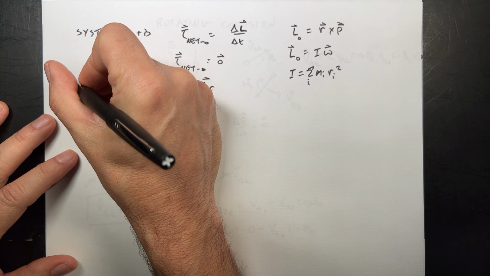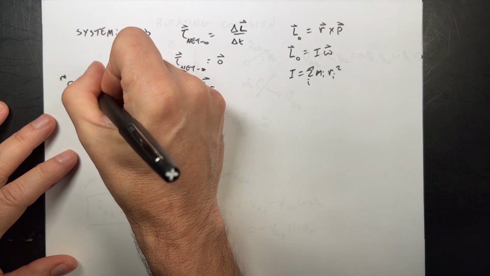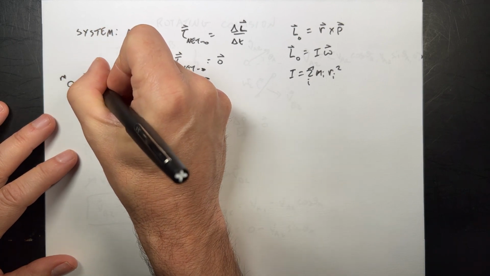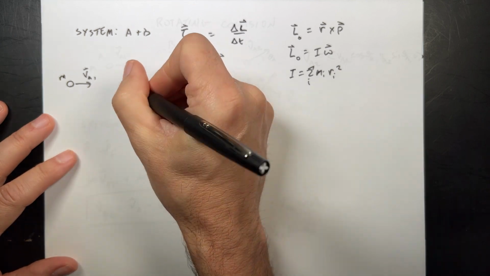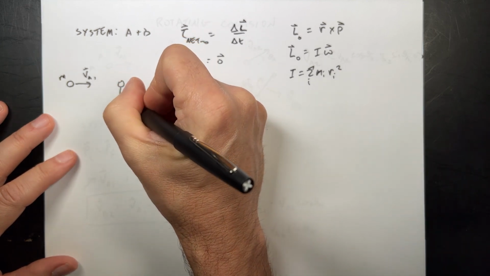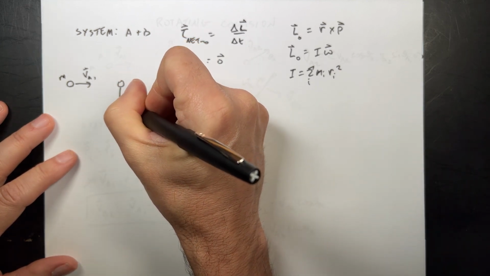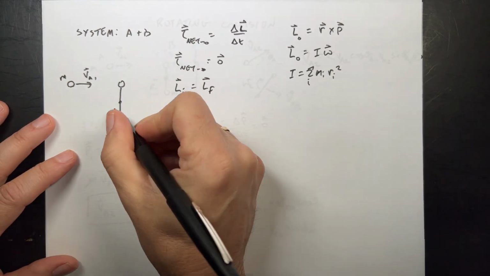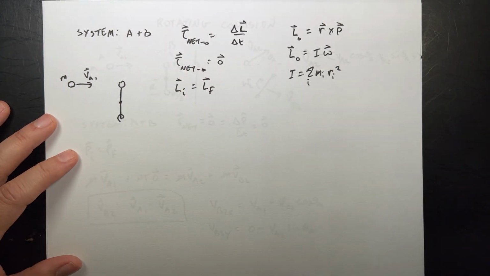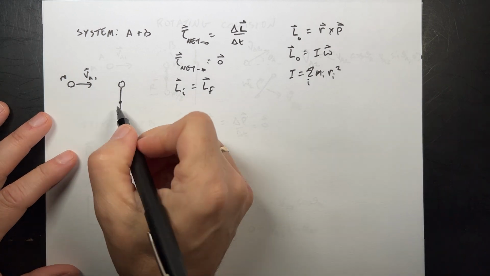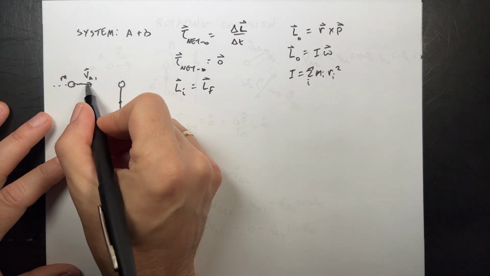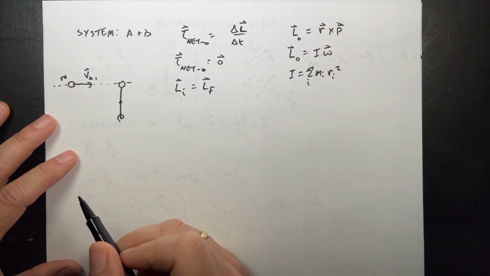Here's mass A, and here's its velocity, VA1. So it has momentum. And then here's my rod. I'm going to pick the center of the rod to be the point O. You can pick wherever you want, but it's going to be way easier with this. So this comes in like that.